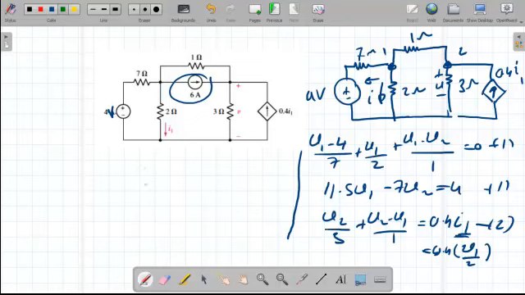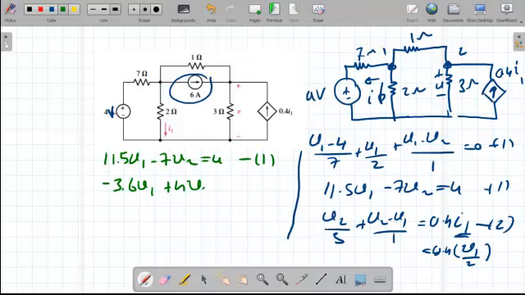So 1 becomes V1 minus 7 V2 equal 4. 2 will equal plus 4 V2 equal 0. After these two equations are solved, we get V1 and V2.